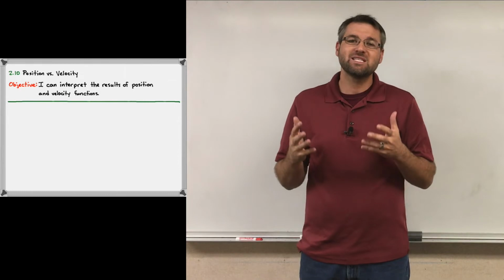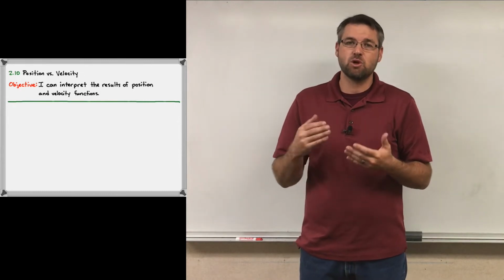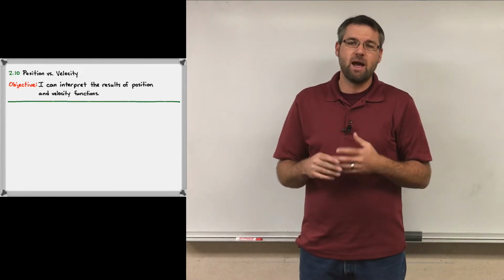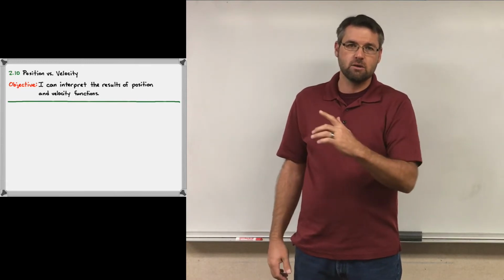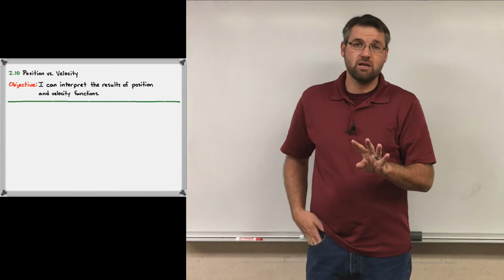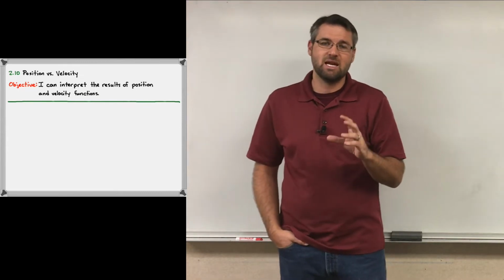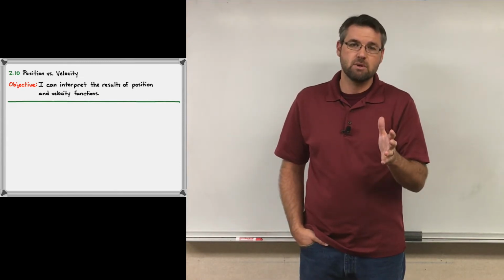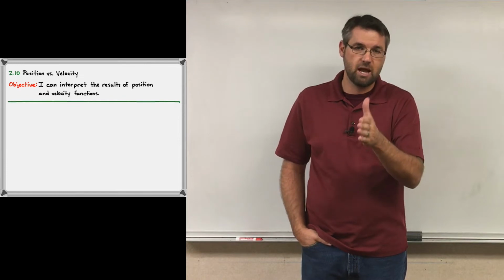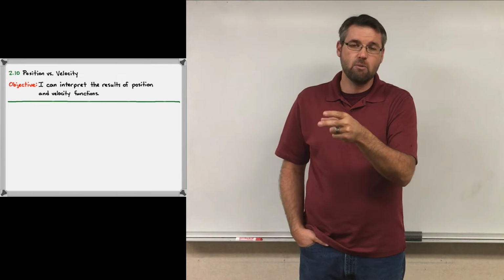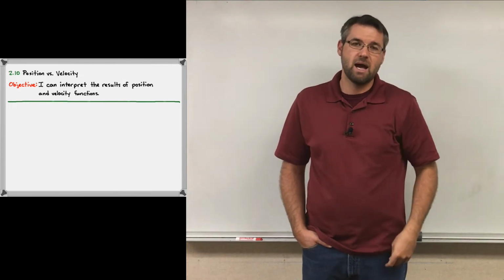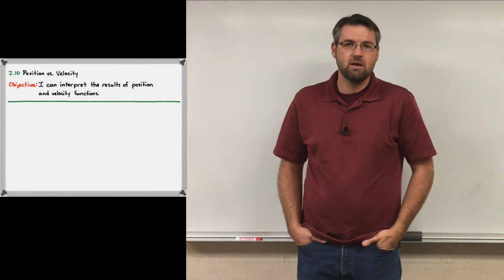But speed only tells me I'm traveling 10 miles an hour. After that entire 4-hour journey, the only thing speed tells me is that I traveled a total of 40 miles. It doesn't tell me where I'm at.